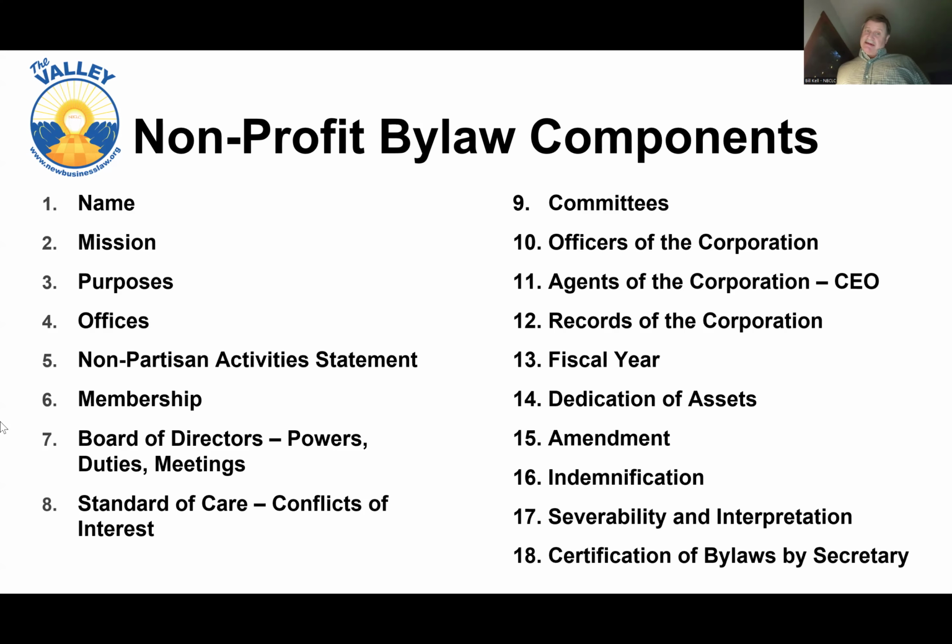And what that means is that no more than 49% of your board, or a minority of your board, can be interested. What do I mean by interested? Paid compensation or related to each other. Okay.